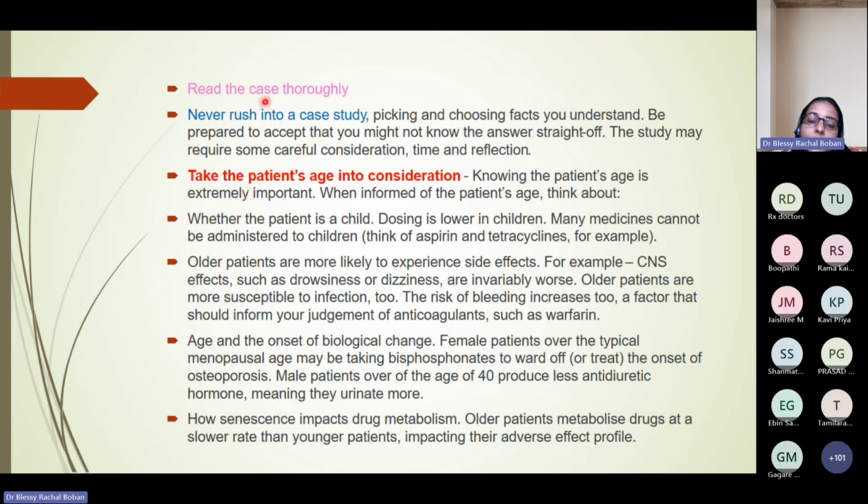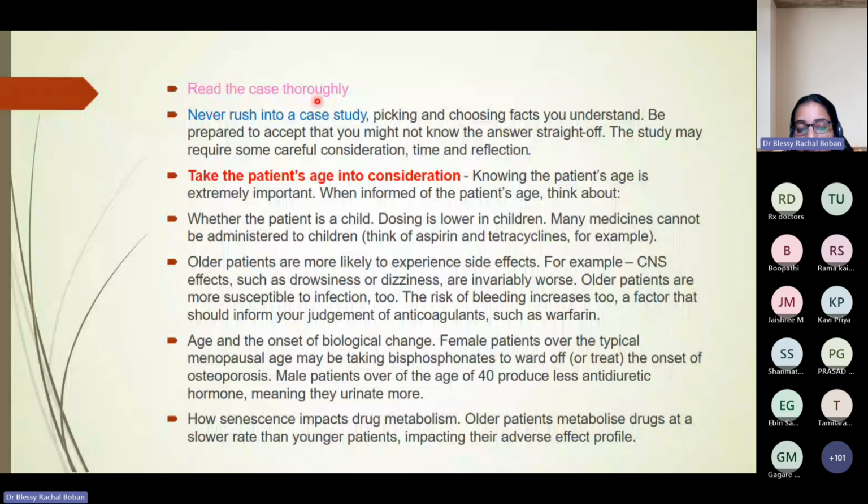So first of all, once you get a case scenario question, don't panic. If you see a lengthy question, don't panic. Even for calculations, you may get a lengthy question. If you read the question carefully and understand, it will be easy to find the solution.